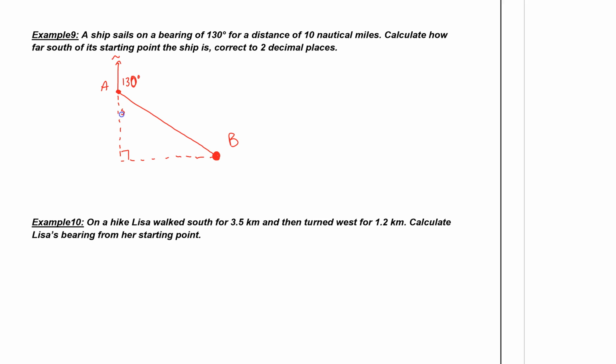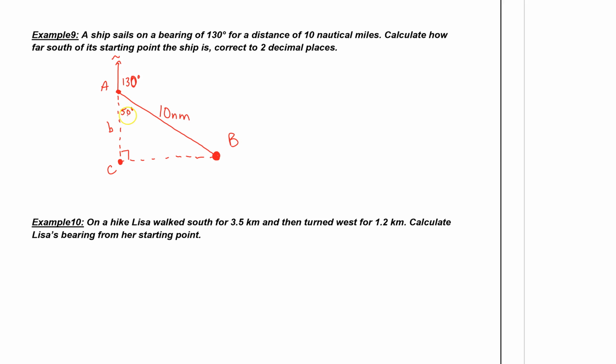If that's 130, that's 50 degrees. I'm going to call this point here C. I want to know the length of AC, which by convention, we use a little b when we're using triangles. Capital letters on the corners, lowercase letters on the opposite sides. I've got 50 degrees here, and I know that this here is 10 nautical miles.